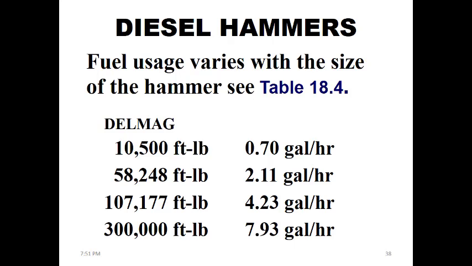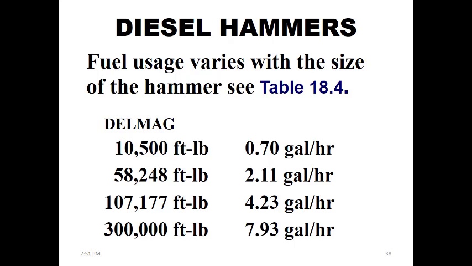So 10,500 foot-pounds will utilize 0.7 gallons per hour. Then if you go to the next level, it goes to 58,248 foot-pounds, and it's utilizing 2.11 gallons per hour. Likewise, if we continue the comparison, we realize that for 300,000 foot-pounds, we are using almost 8 gallons per hour.